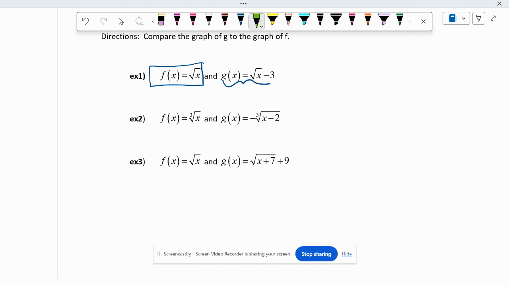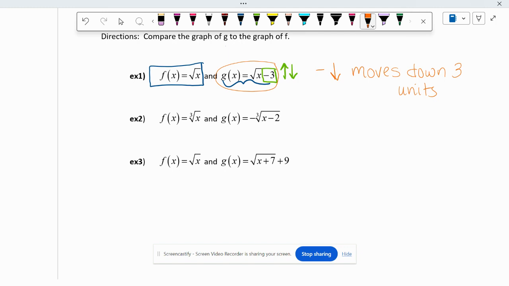Okay, so I just learned that if I have a plus or a minus outside of the function, that moves me vertically, right? That's a vertical movement. If it's minus, if it's a subtraction sign, I move down. So what is happening to this graph? Well, it's moving down 3 units.